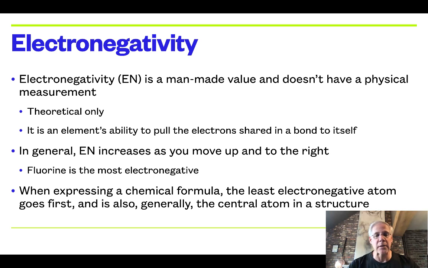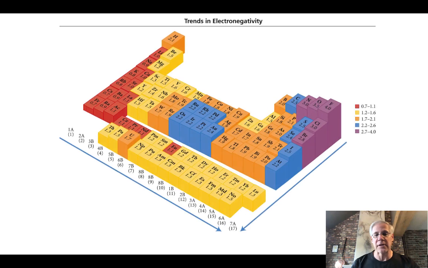This is why in ionic compounds the metal is generally listed first, because it's the least electronegative. And also generally, when you have a structure with a central atom, the least electronegative atom is usually right in the center there. So let's look at a table of electronegativities here.